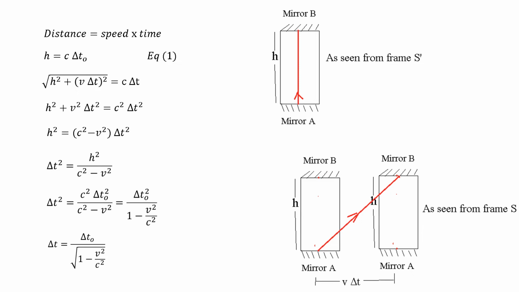We substitute the expression for h from equation 1. We simplify further and then we take square root on both sides. As you can see, we get the time dilation formula.